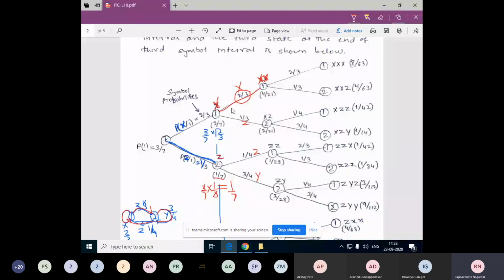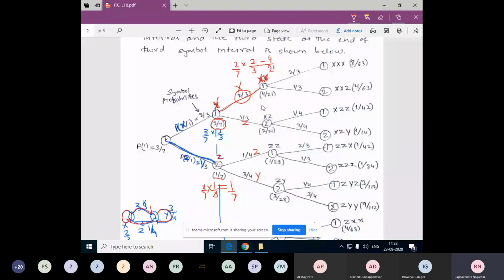That is the multiplication of the probability of this and the probability of the symbol emitted during the transition. It is 2 by 7 into 2 by 3, which is 4 by 21. So that is the total probability at this state.